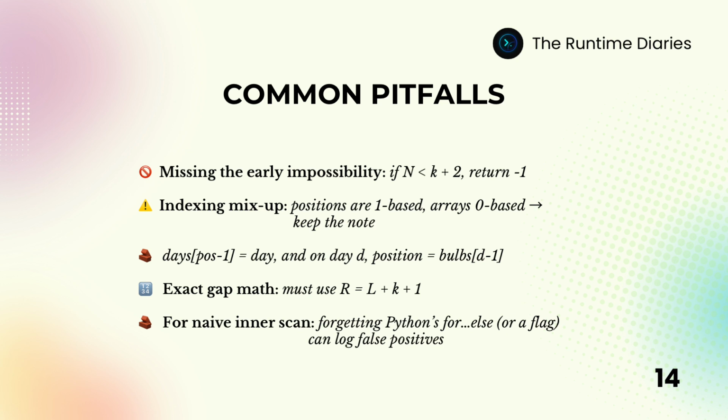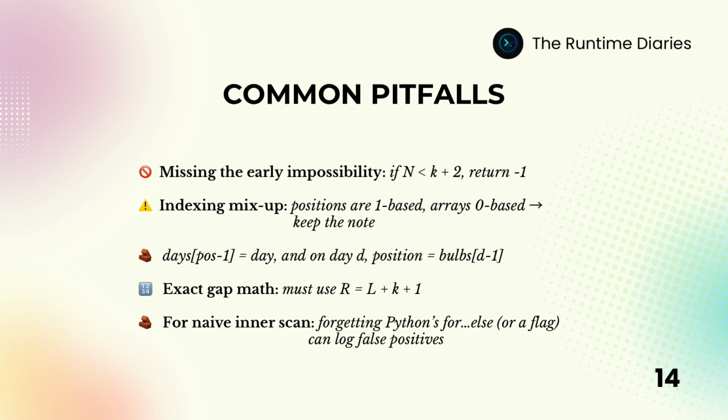Now, a quick few notes to help you think like a pro. If K equals 0, that means you're looking for adjacent bulbs that turn on side by side. So as soon as 2 neighbors light up, you're done. If the total number of bulbs is smaller than K plus 2, there's literally no room for a valid pair, so we automatically return -1.